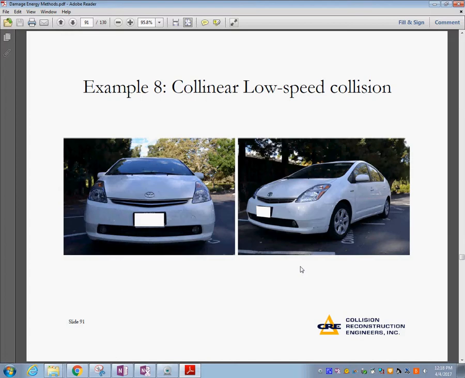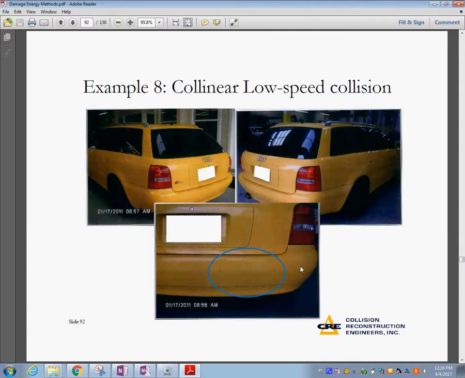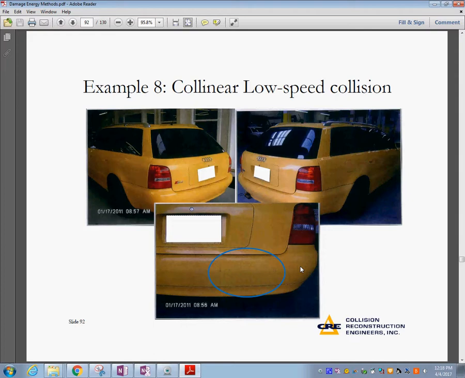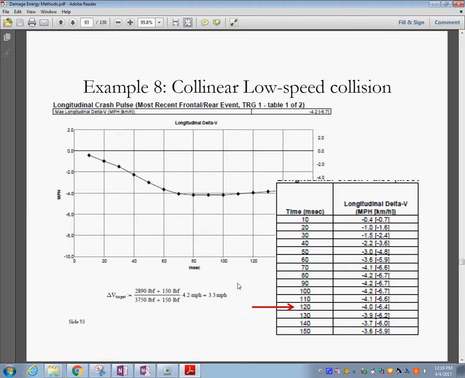So you have a collinear low-speed collision. There's your vehicle and there's the other vehicle that apparently was hit on the back, but you can hardly tell damage in there. At the moment you can see some scratches. I want to show you, this graph that you see comes from the airbag control module. This is the timing in milliseconds.